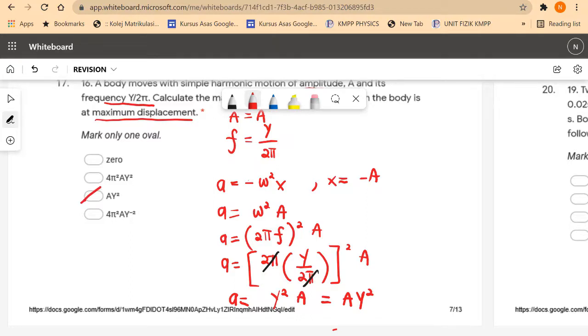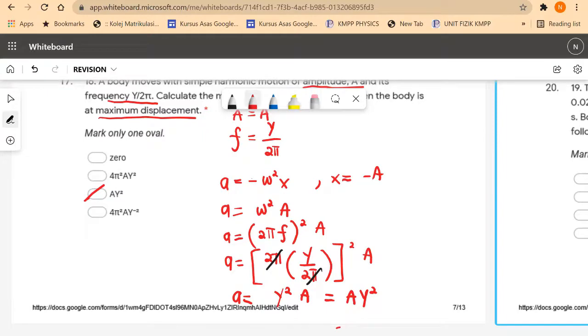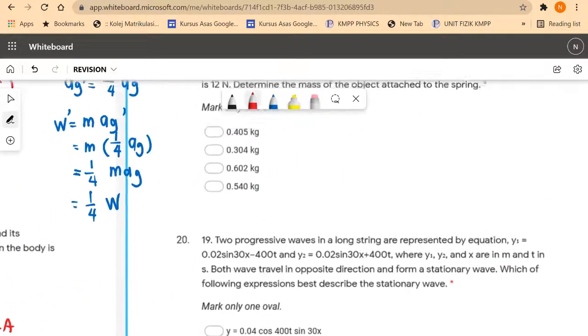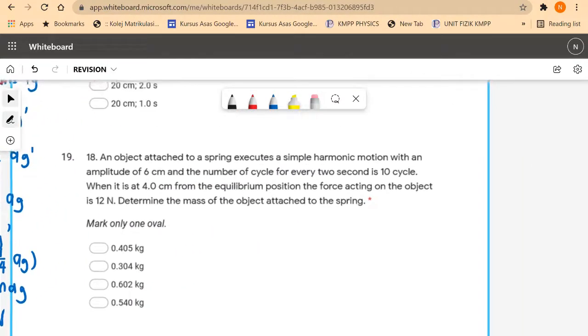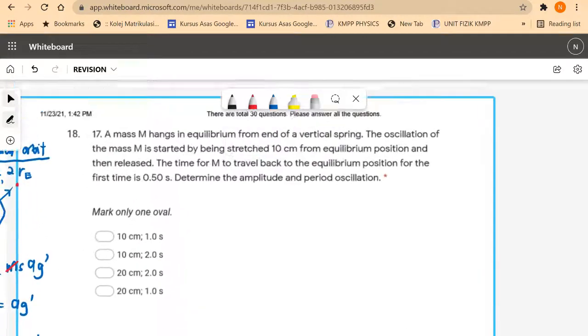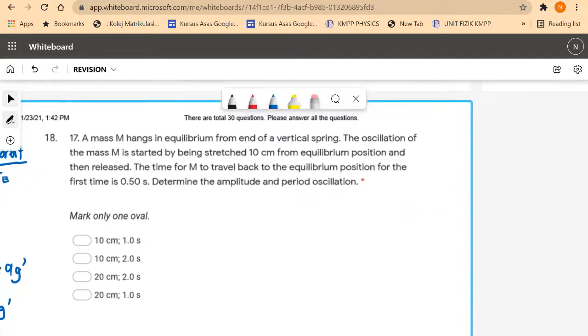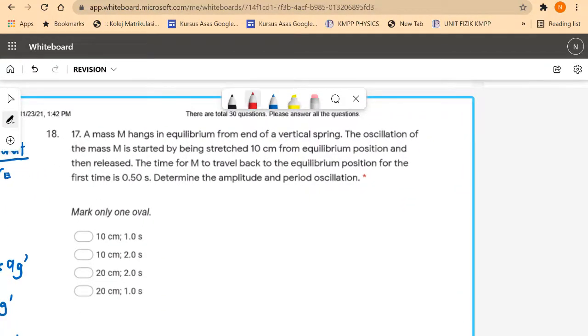Number 17. A mass M hangs in equilibrium from the end of a vertical spring.